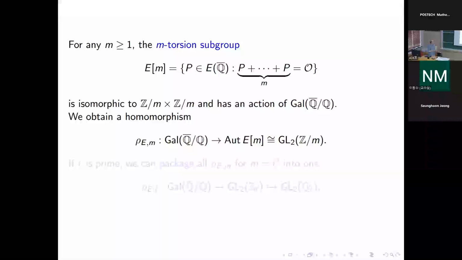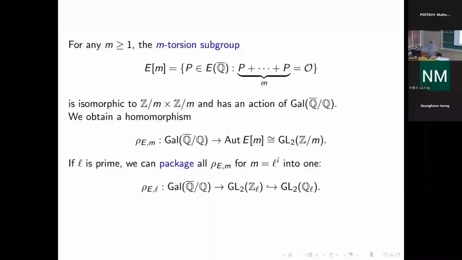But the ones I want to take, in the spirit of the p-adic numbers that I talked about just a moment ago, I want to take M to be powers of some fixed prime. And then I can go from compatible congruences to p-adic, or in this case, L-adic integers.